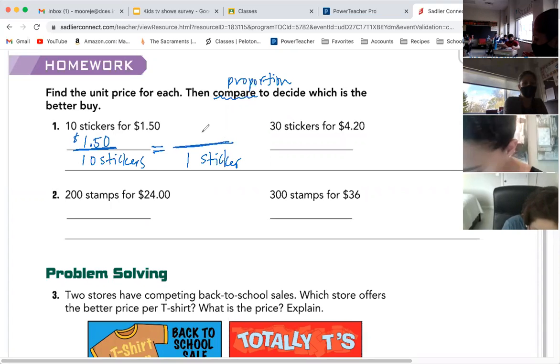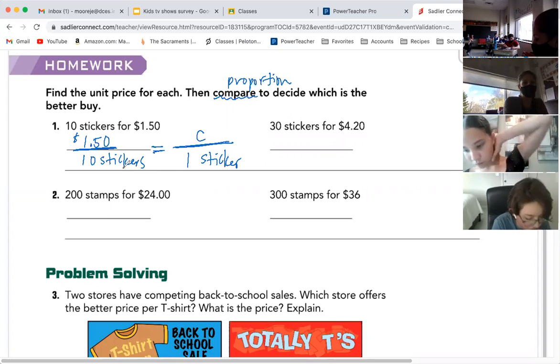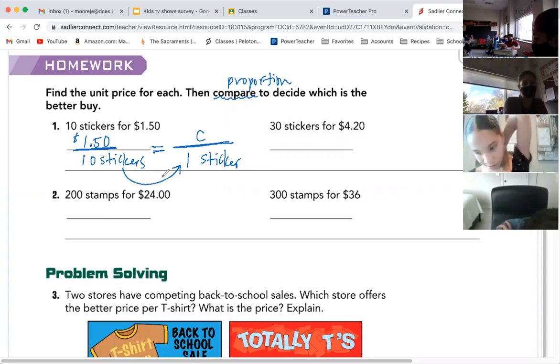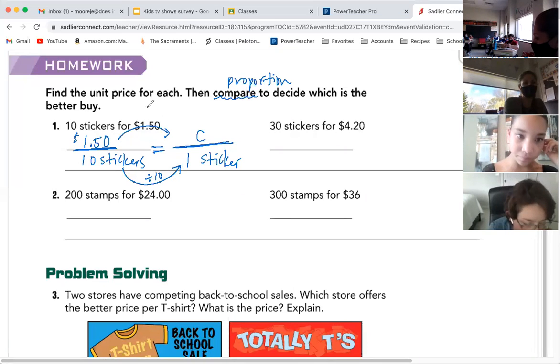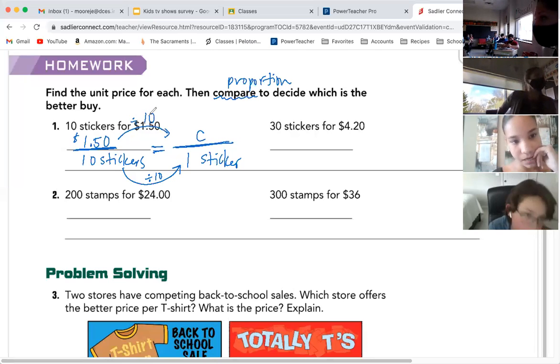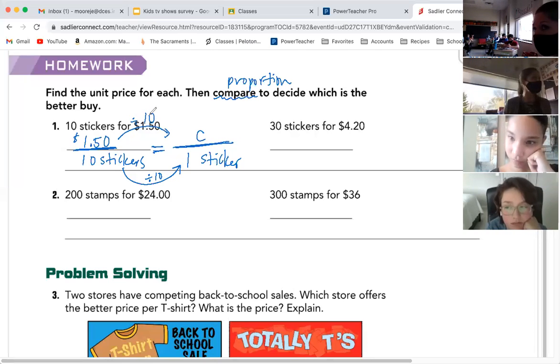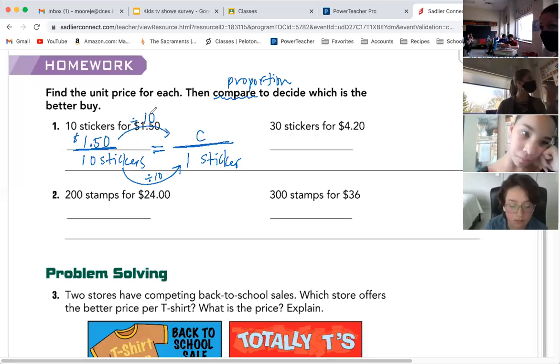So how do we find this missing cost? What factor do we divide by to get a 10 to look like a 1? We're going to divide by 10. So we're going to divide 150 by 10. And 150 divided by 10 is easy to do. You don't need to draw out a long division problem at all. Whenever there's a power of 10 involved, you just have to scooch the decimal point one way or another, right?